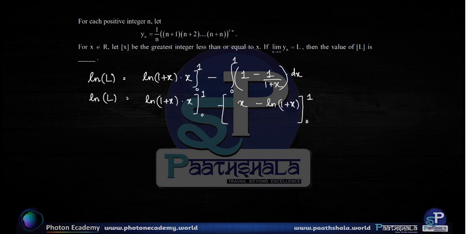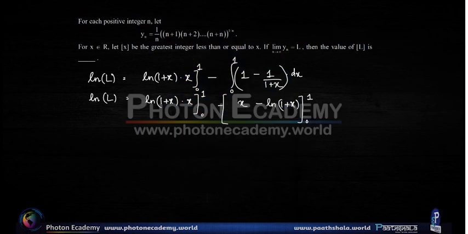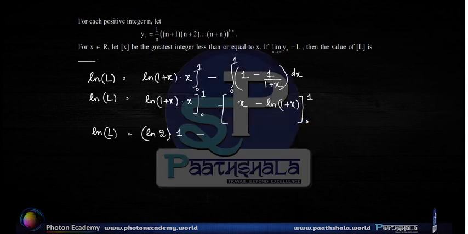Now we substitute the values, and this is very simple. ln L is equal to ln 2 into 1, minus (1 minus ln 2).